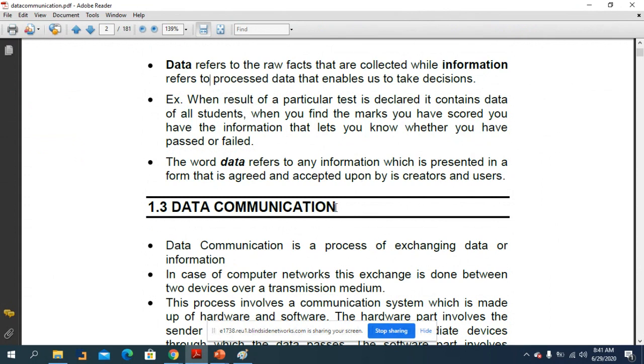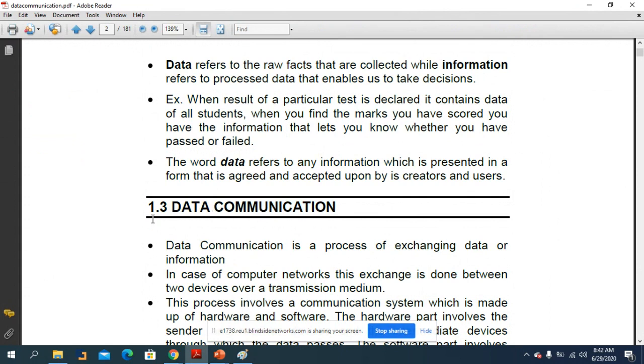So communication refers to sending data from the sender to the receiver, and from the receiver to the sender. In that, we are doing what you call exchange of data. So the whole definition of data communication is the exchange of data or information.